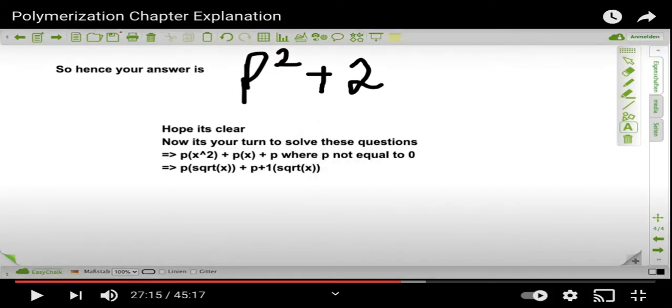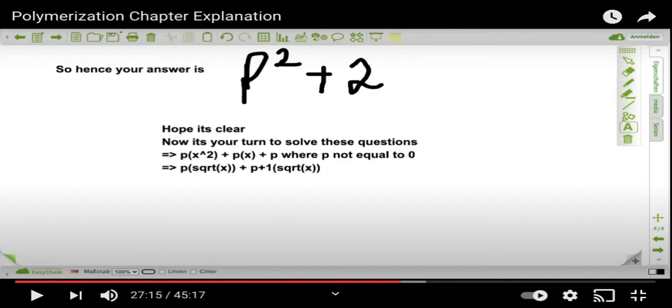Now use the same bn minus bm formula, that is, v is p, v is root x, v is p plus 1. But remember one thing: v is p, v is root x, v is p, k is 1, and then again k is 1, v is root x again.